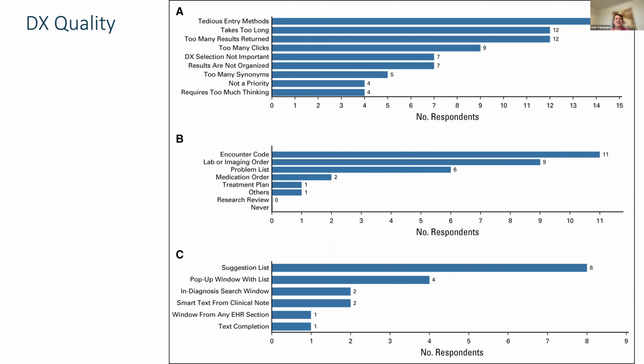B is where this happens the most within the EHR, and swim lane C describes what they think could help. So this is the outcome of several focus groups we have conducted with multiple oncology specialties.